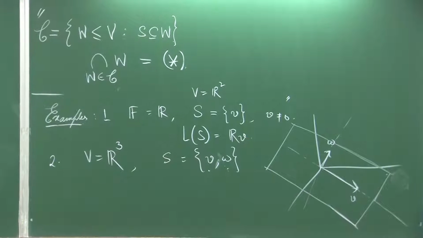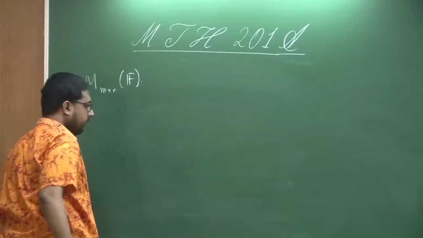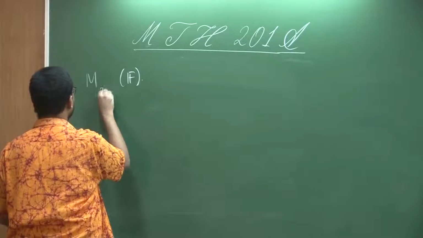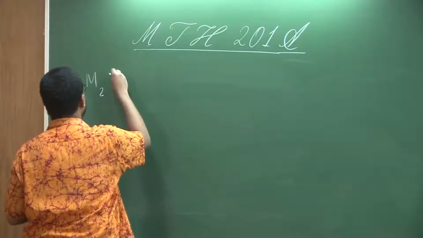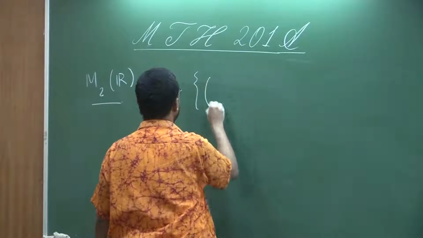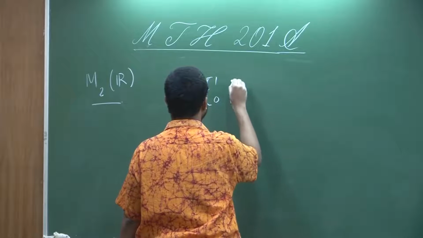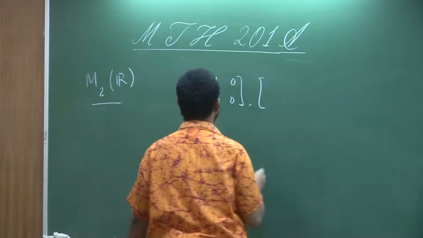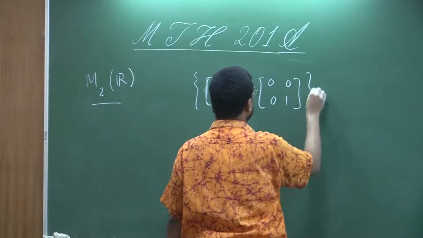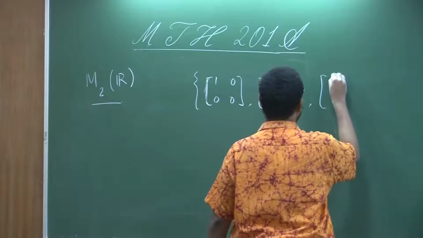Suppose in this space of matrices, for the sake of simplicity, we take 2 by 2, M2 over R. Let us start with these matrices of the type (1, 0; 0, 0), (0, 1; 0, 0) and let us add one more, (0, 0; 0, 1).